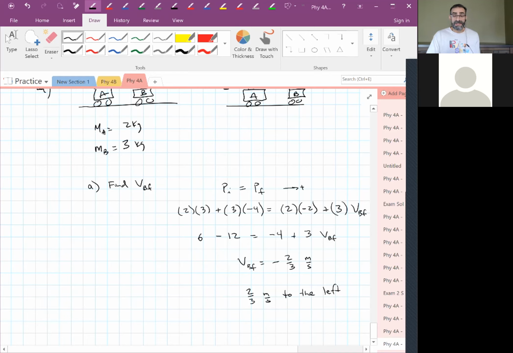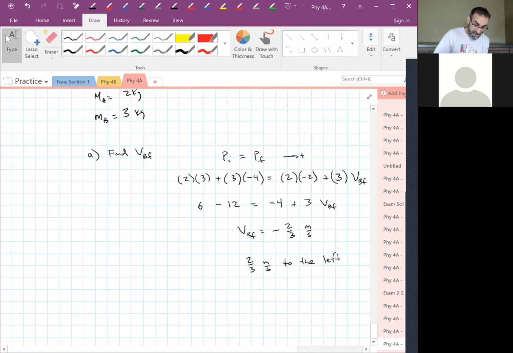Okay, momentum conservation. Now these objects bounced off of each other. They collided and bounced off of each other. Do we know if it's elastic or not? No. So how do we know? We have to find the kinetic energy before and afterwards. Let's see, is it elastic or not?